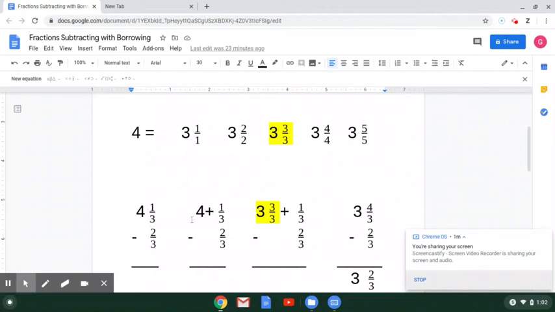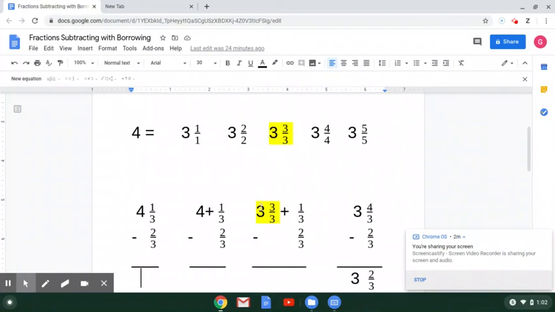And another way of saying that, before we start making any changes, is that's the same as 4 plus 1/3 minus 2/3. Right? Now we want to get rid of that 1/3 and make it bigger so we can subtract 2/3 from it. So this is where the re-expressing of 4 as 3 and 3/3 comes in.